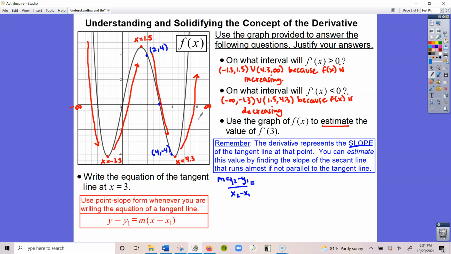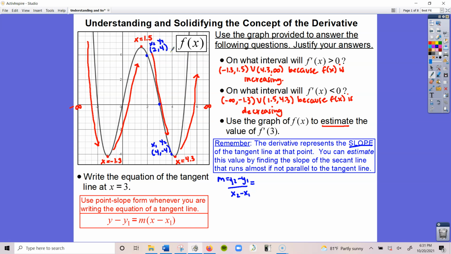So we're going to do y2 minus y1. It doesn't matter which one you say is your first point and which is your second. I'm going to say this is y2 and y1, and then x2 and x1. So I'm just going to label it. You could also have done this as x1, y1, x2, y2. That really does not matter.